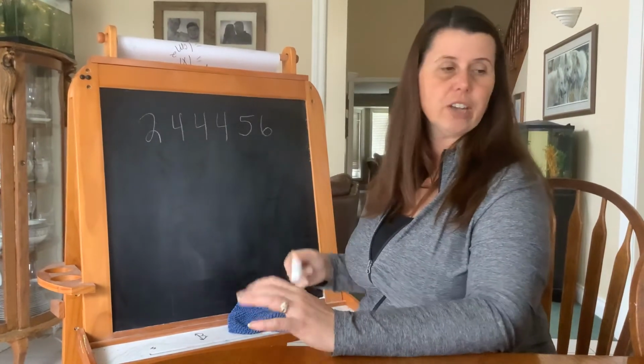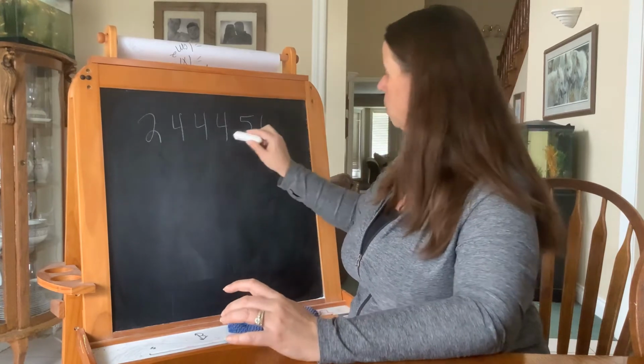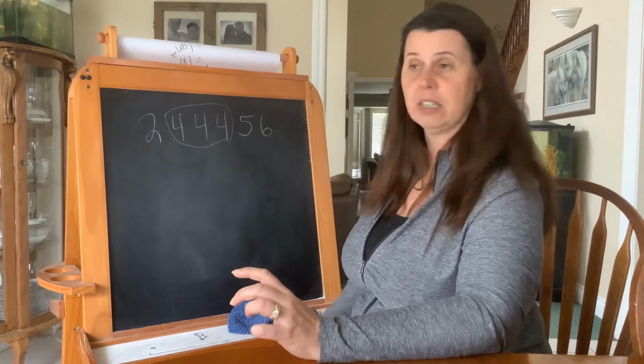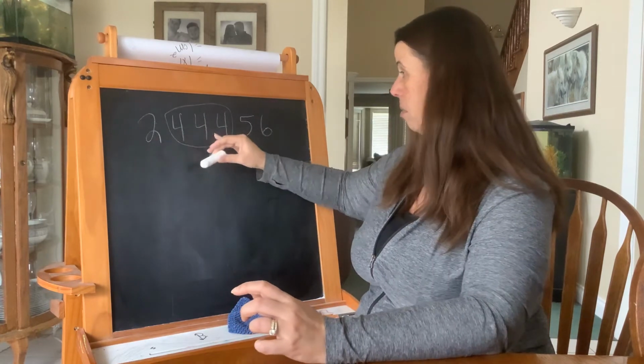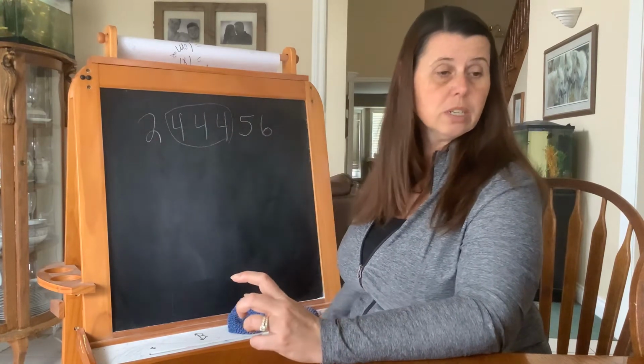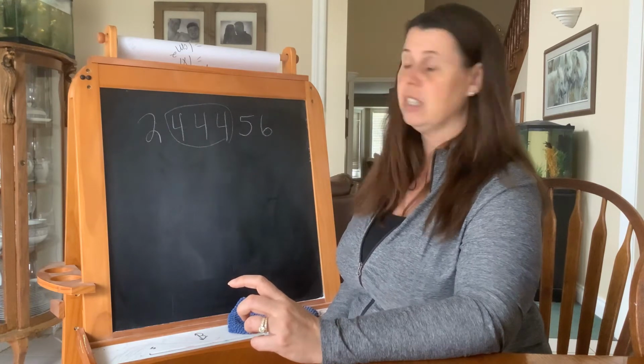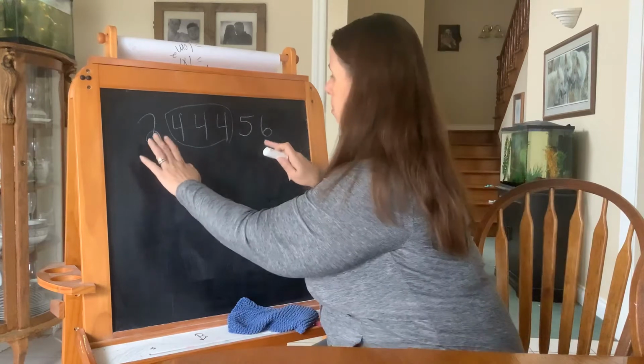I got 6 data values. It has a mode. Here is my mode. Right? I've got 4 repeated and no other numbers that are repeated the same amount. So that's my mode. And a median that is a number in the set. So my median, 2, 4, 4, 4, 5, 6.